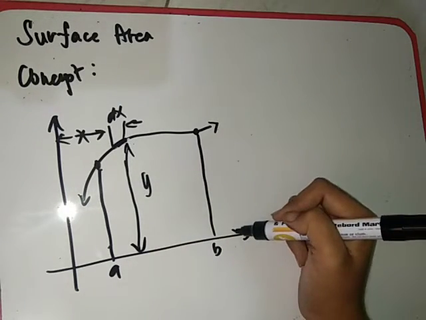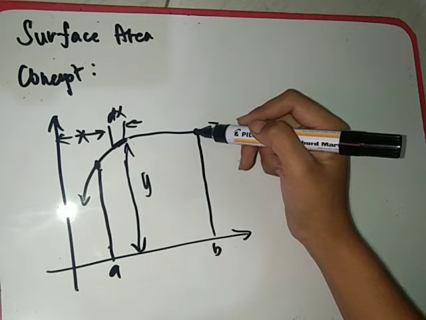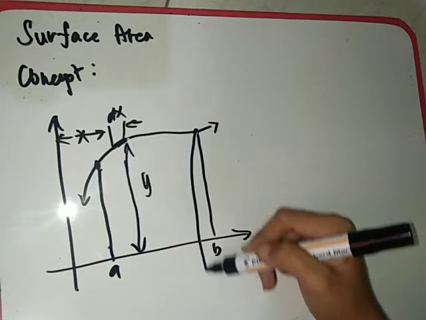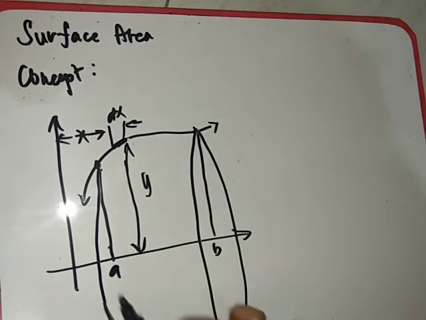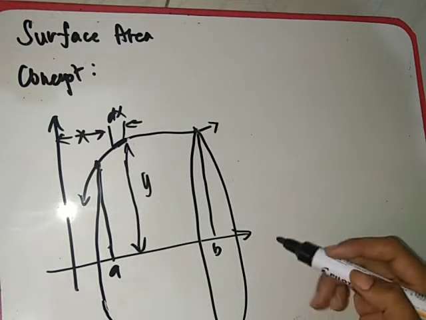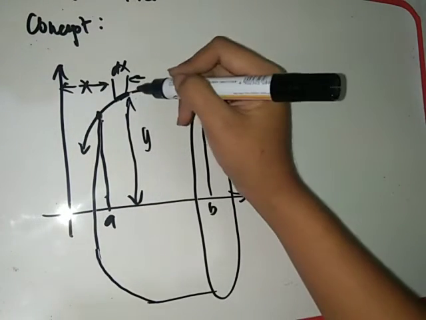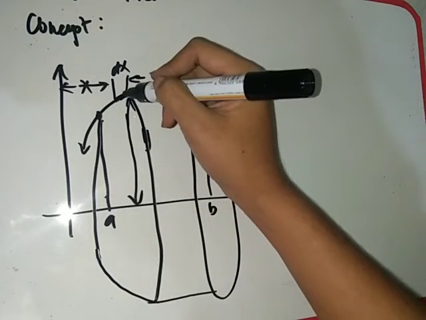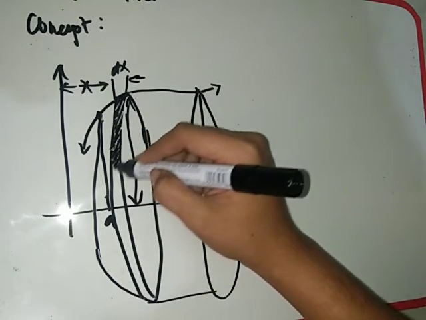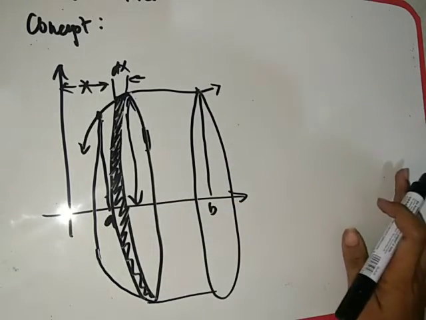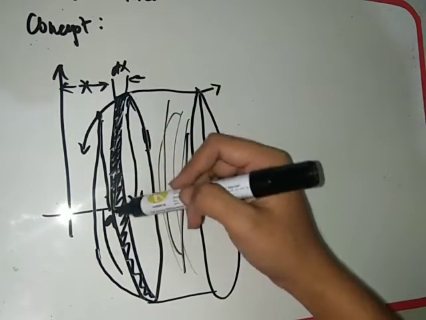So in this graph we have, this looks like a shell, and then here for the strip, this is the area, and this is also the area, but we will solve the area of the strip.